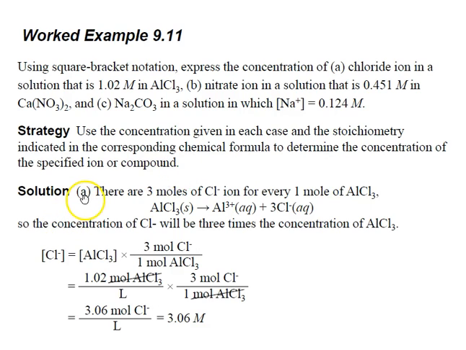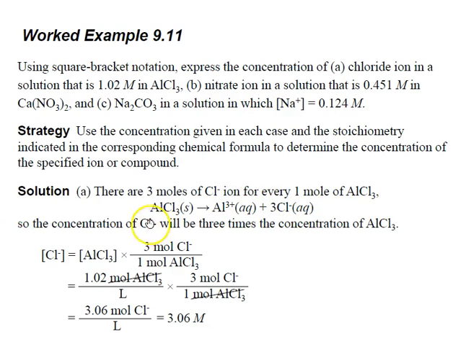So for part A, which is using aluminum chloride, there are 3 moles of the chloride ion for every 1 mole of aluminum chloride. So we have 1 mole of aluminum, 3 moles of chlorine. Here's our general formula of the decomposition. Aluminum chloride produces aluminum plus 3 charge and 3 parts chlorine minus.